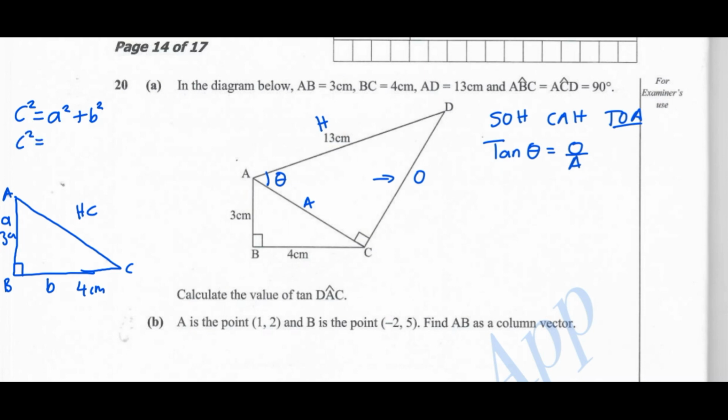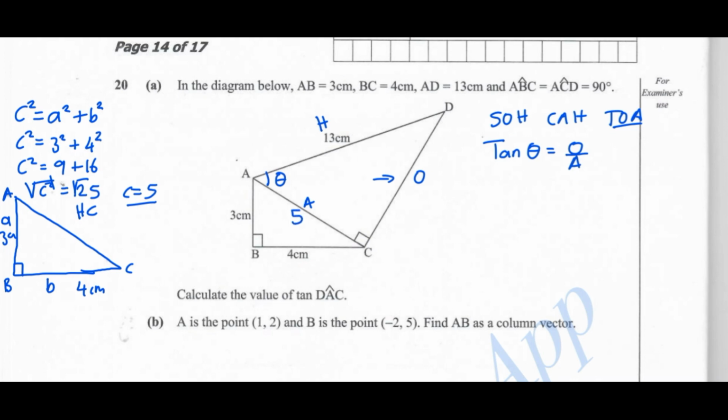C squared is equal to 3 squared plus 4 squared, 9 plus 16. C squared is equal to 25. Square root. So C is equal to 5. So this means that there is a 5 here.